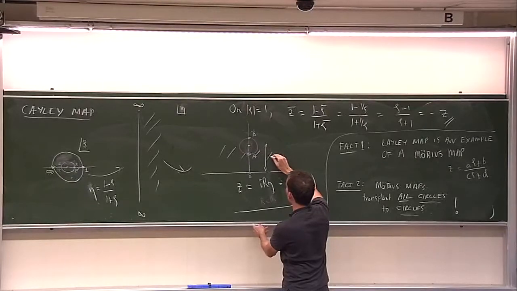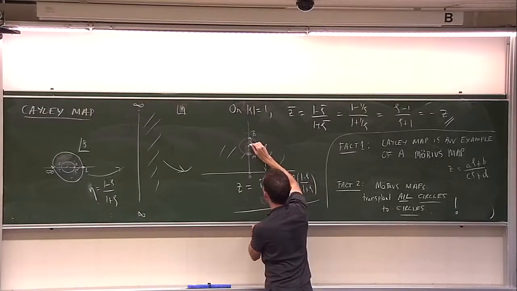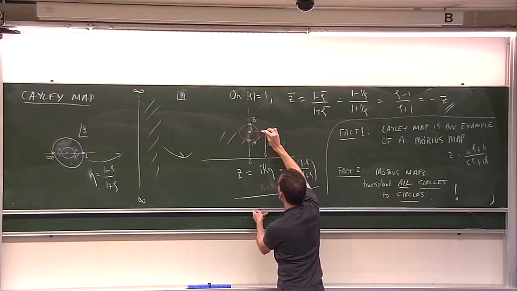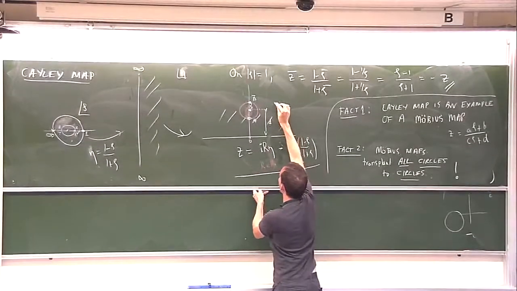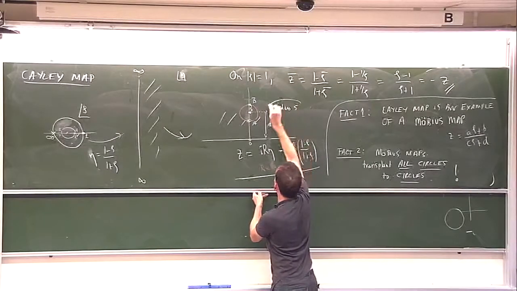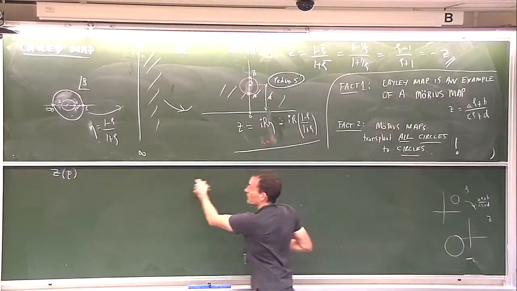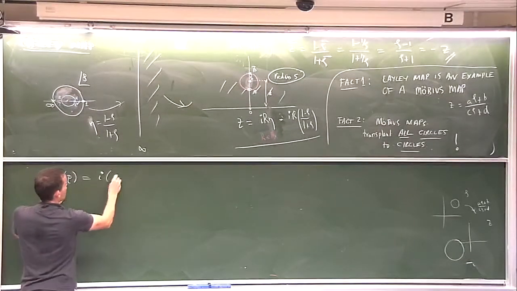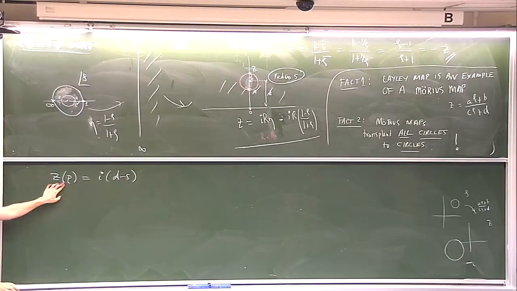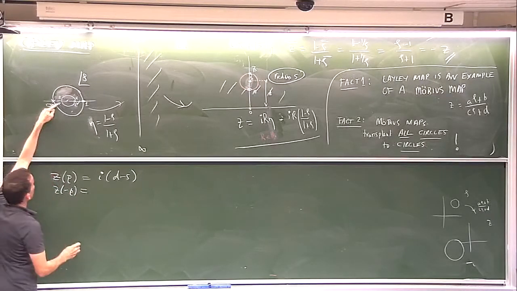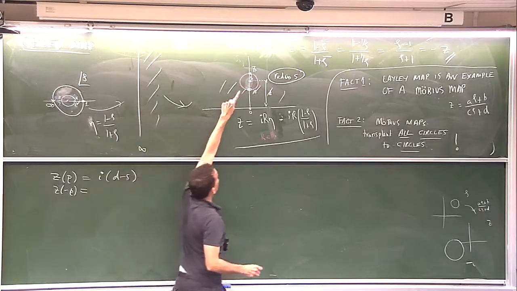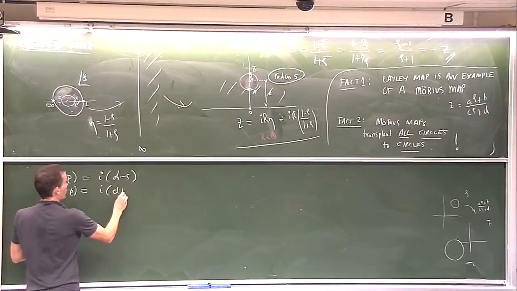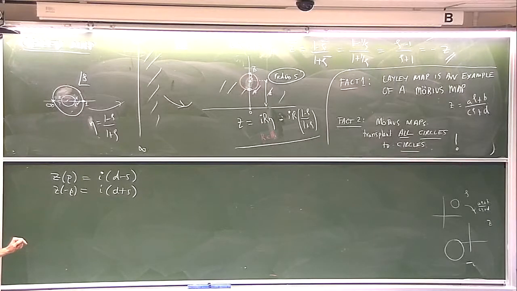Let's call this D and the radius S. Z of rho must be i times D minus S, and Z of minus rho, that point, must be that top point. Everyone see?